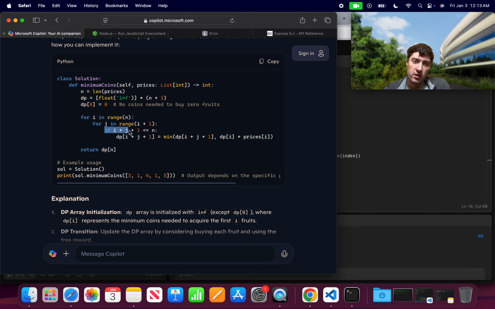If i plus j plus 1 is larger than n, this dynamic programming equals the min of this also dynamic programming.